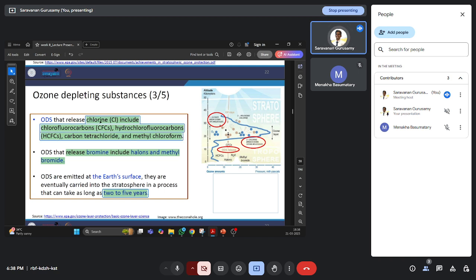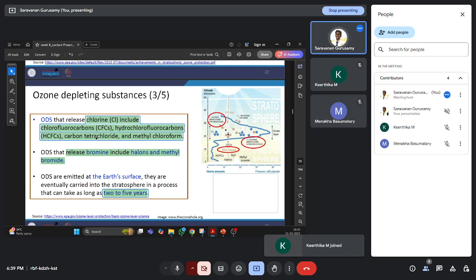The ozone depleting substances that release chlorine include chlorofluorocarbons and hydrochlorofluorocarbons. Now they are transitioning. Initially it was chlorofluorocarbon, then they transitioned. I'll write it and tell you. Carbon has four valencies. If all four are with H, that is CH4, methane.